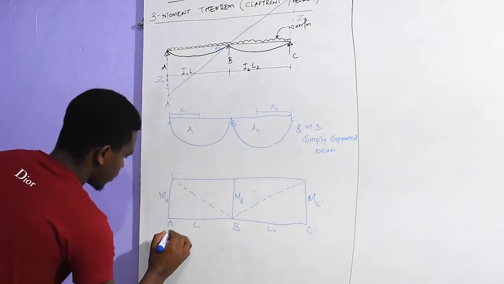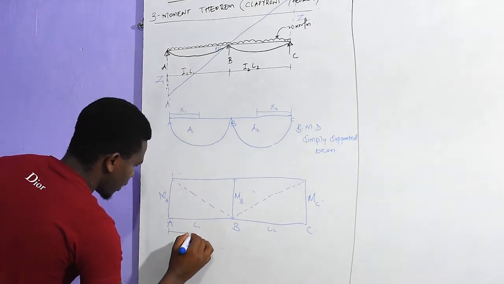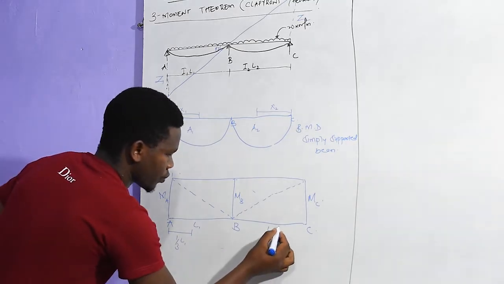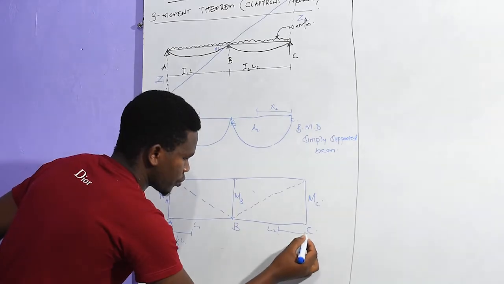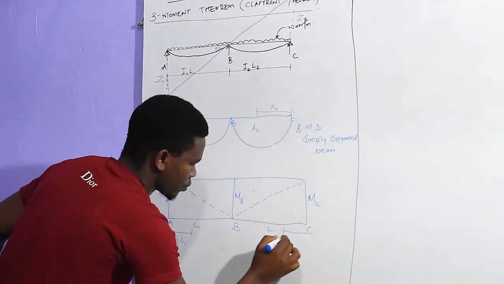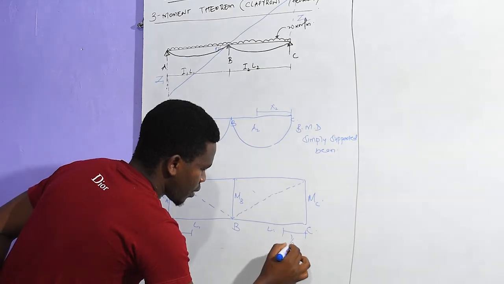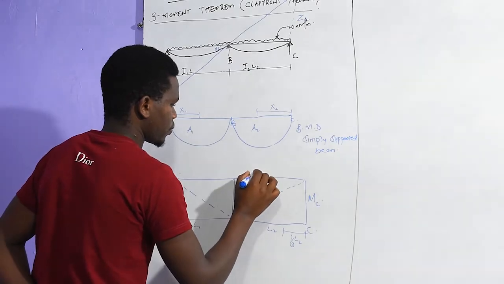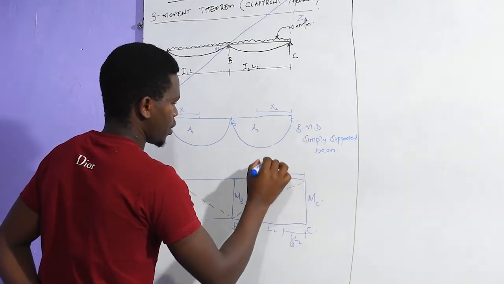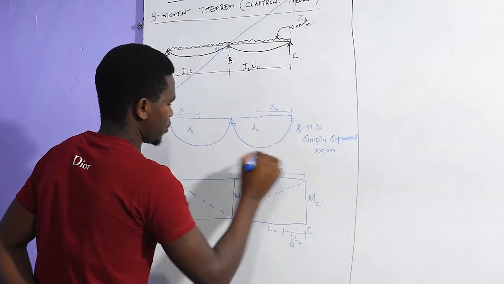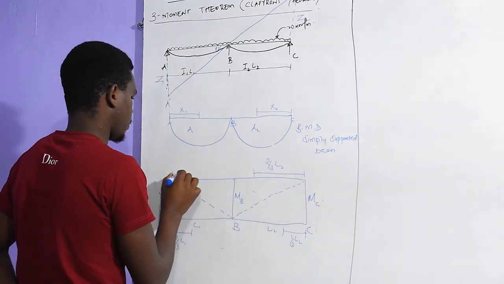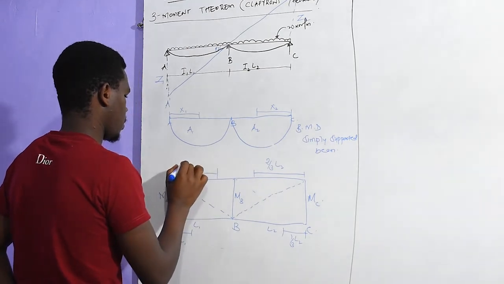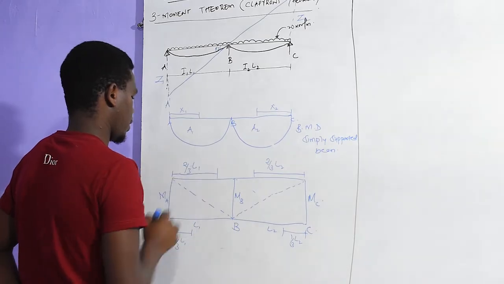So for this one, a third of L1 and that of L2, this is 2/3 of L2, and this is 2/3 of L1.